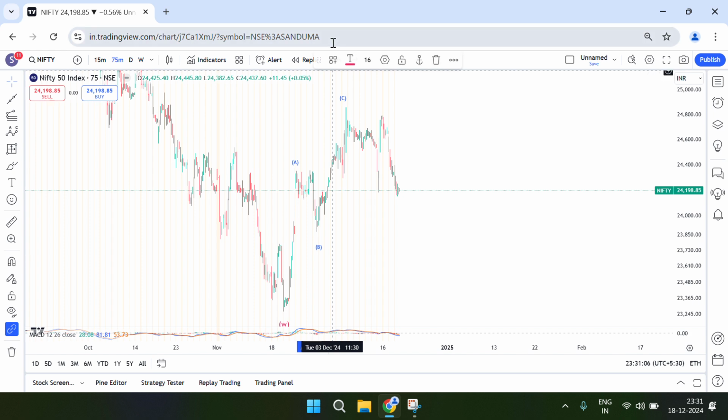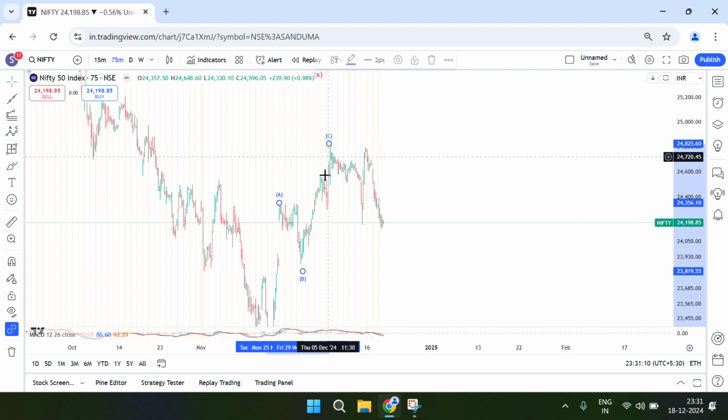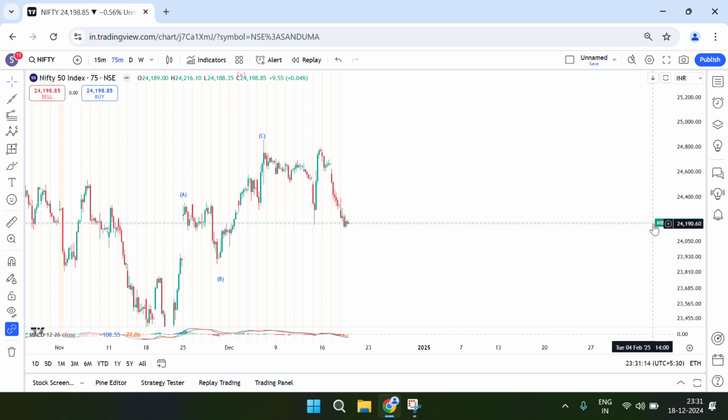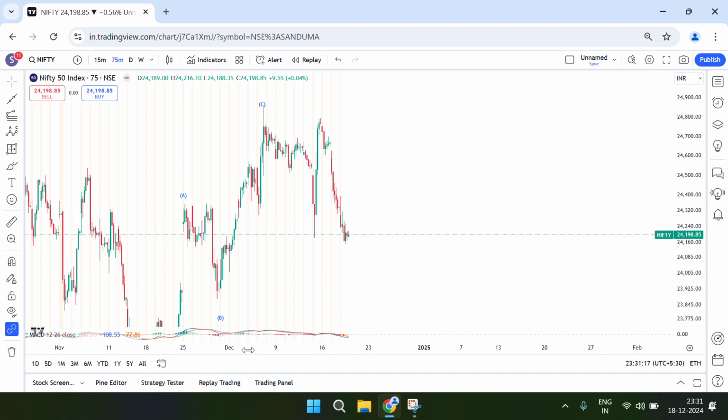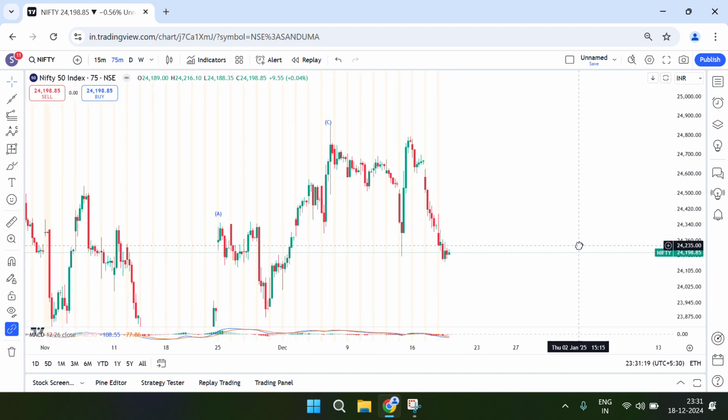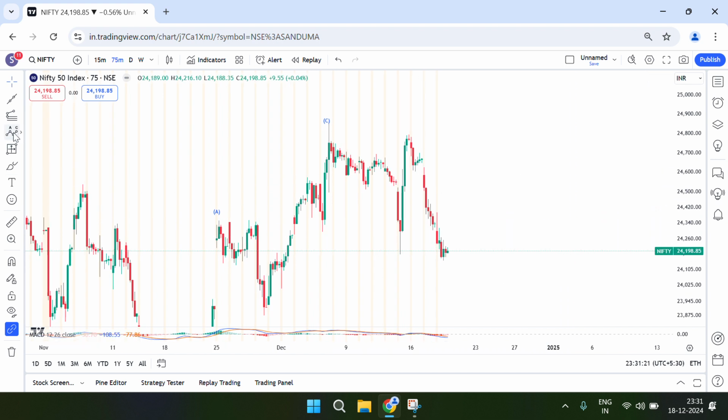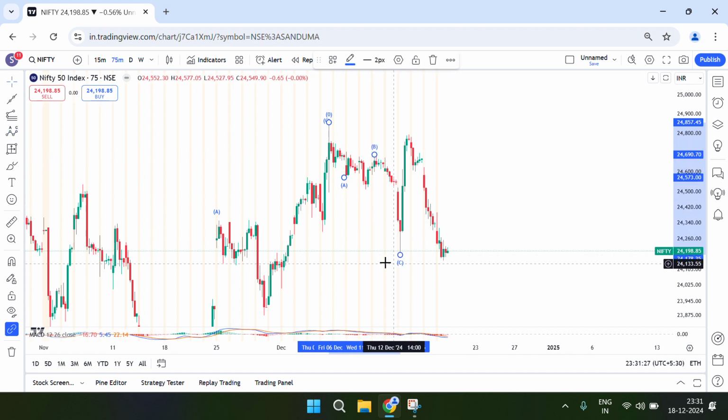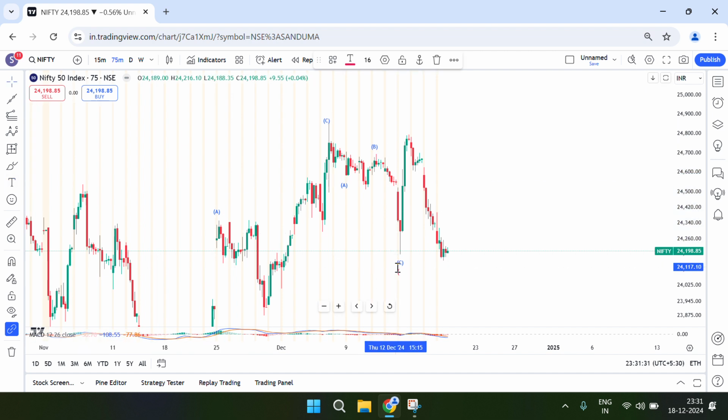At the end of it, it has made one degree in a corrective way. Now here also, this has moved exactly in another ABC form. This is our A, this is our B, and this is our C, and this marks again a W.